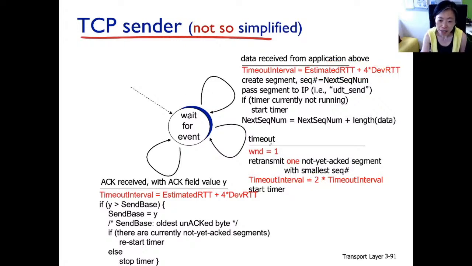The fact is this: the window size dropping all the way to 1 and the timeout interval being twice as large, super conservative, are both to address the congestion that's occurring inside the network. Because when there's a timeout, that is also saying there are no more ACKs coming back. That is probably because data cannot go out.